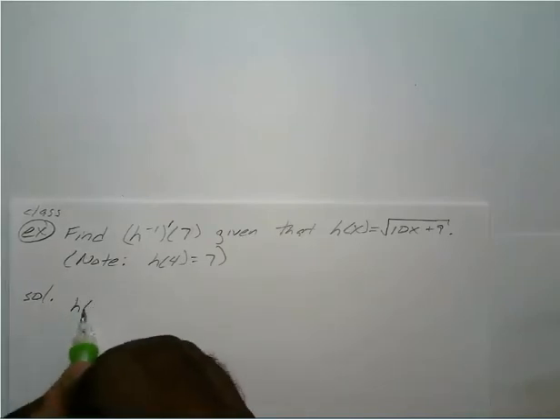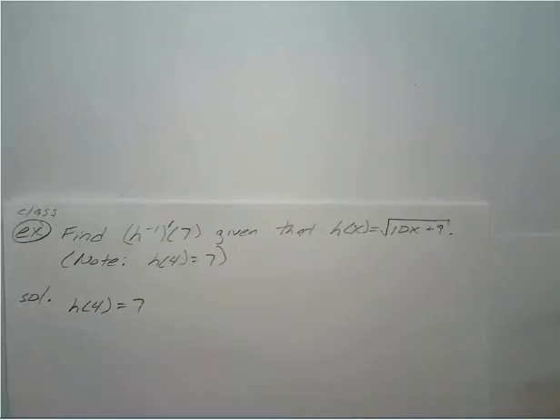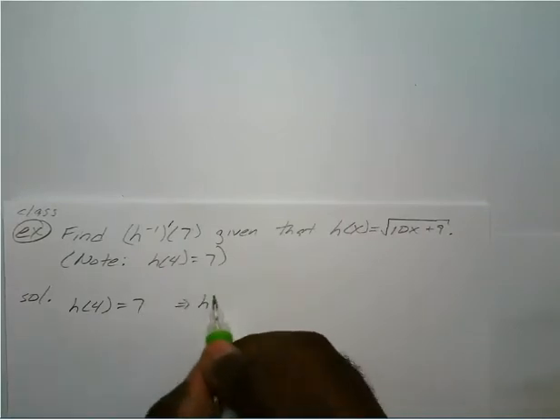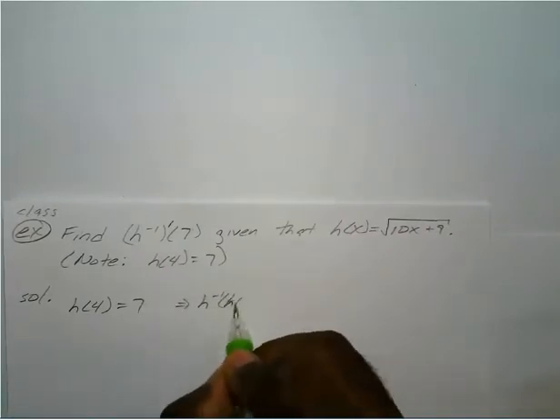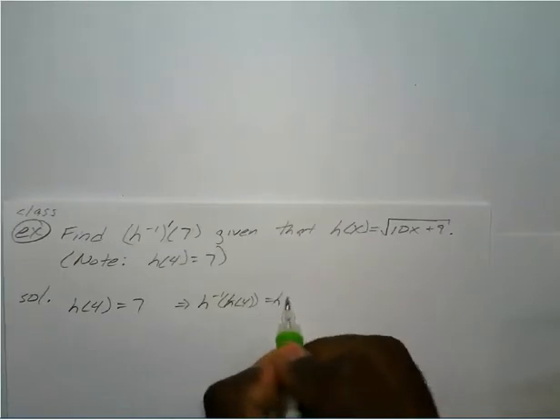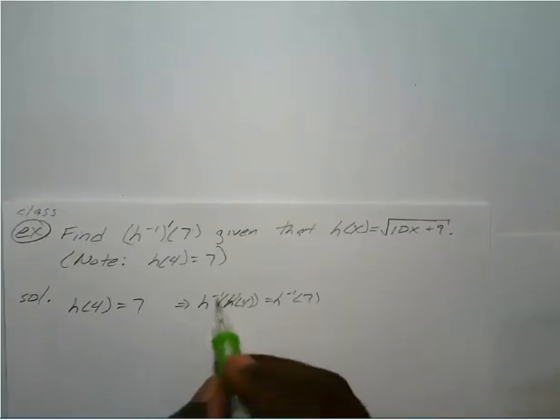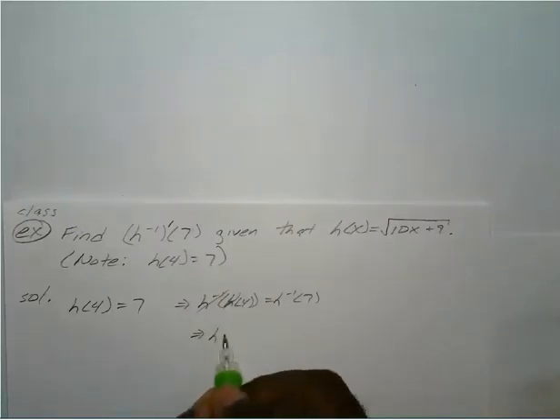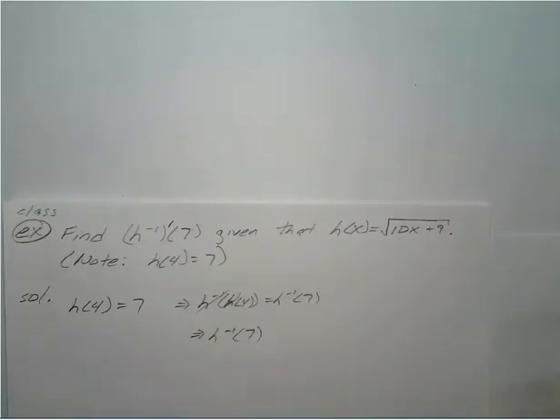Okay, so we know that h of 4 is equal to 7. So if we apply h inverse to both sides, where those two cancel each other out, we know that h inverse at 7 is equal to 4.